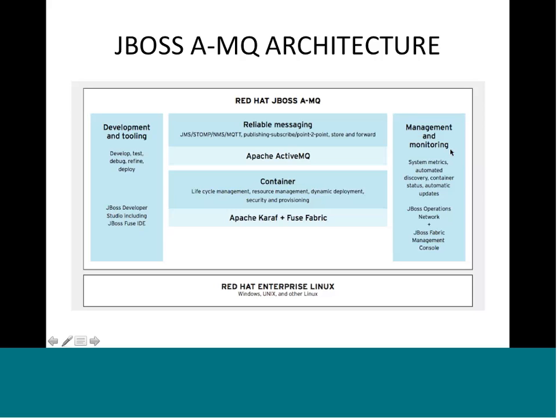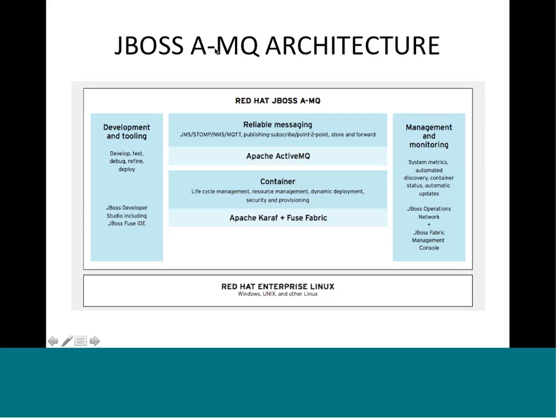Apart from this, you can have a managing and monitoring console also. That helps you to keep a continuous eye on the instance, on the messaging, on the number of messages, on the rate of message consumption, on the rate of message delivery, right? And you can have a monitoring system in place. So if you see, you have Apache ActiveMQ.